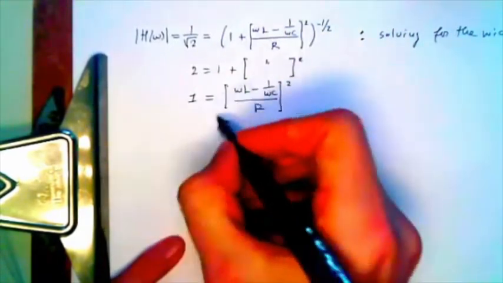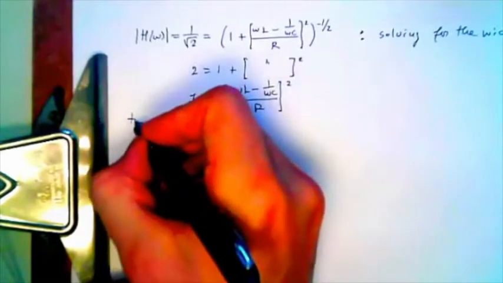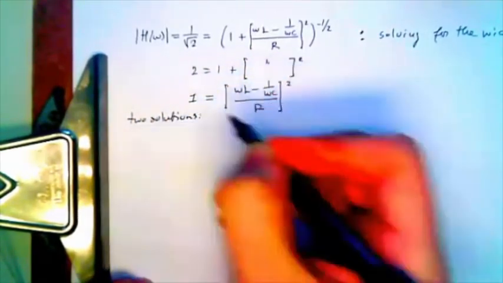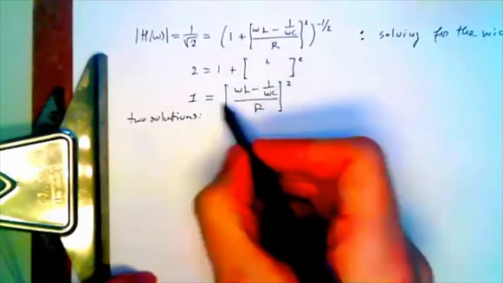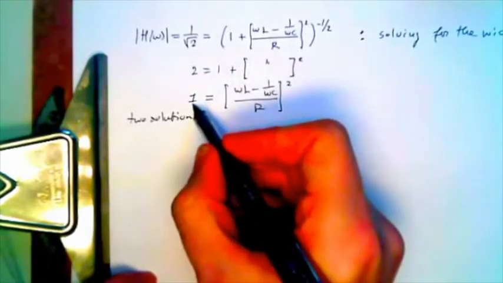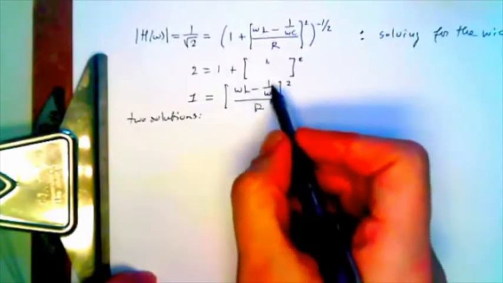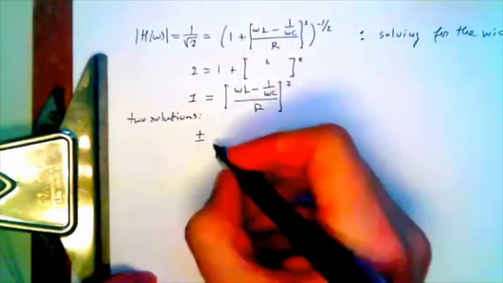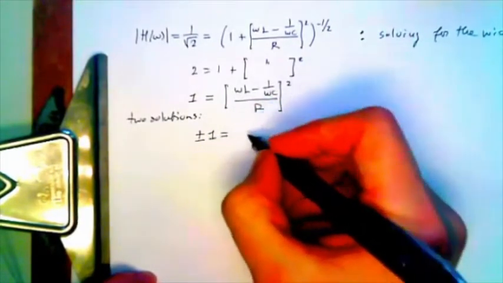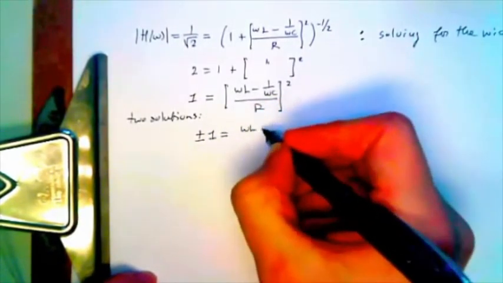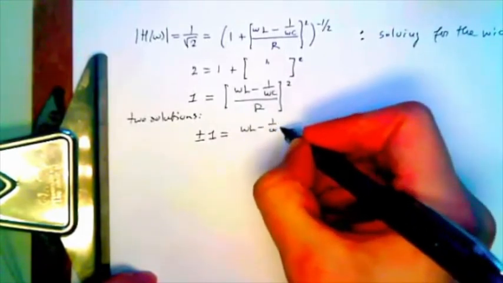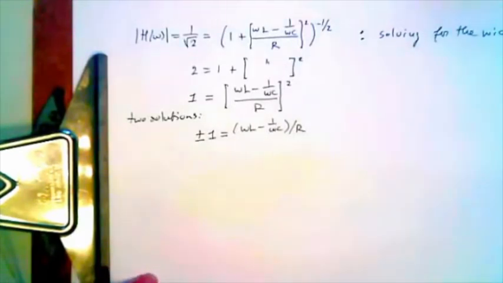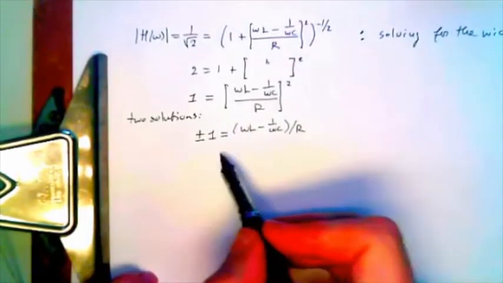And the way I do that, I'll say there are two solutions. There's one where we take the square root of this and it comes out to 1, and the other where we take the square root of this and it is -1. So in other words, plus minus 1 equals omega L minus 1 over omega C, and then that is divided by R. So two solutions.